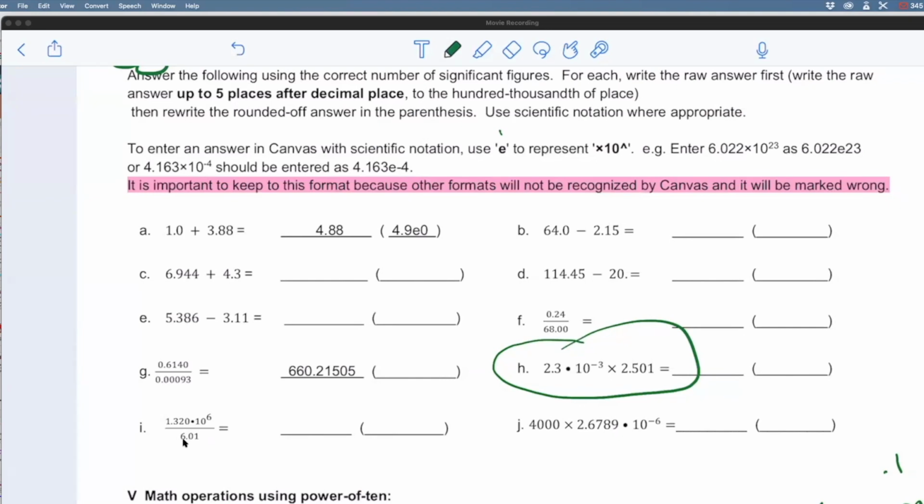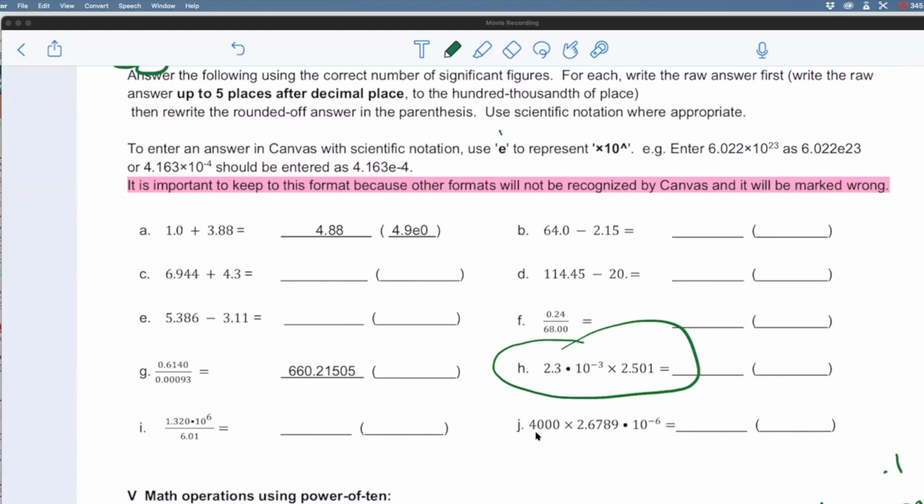You don't even have to write it down. You know that this is 4 and this is 3, so your answer better be 3 significant figures. Now, the reason why the top number is 4 is because it has the decimal. So the 1, the 3, the 2, and the 0 are significant. So this has 4 significant figures, and this has 3 significant figures.